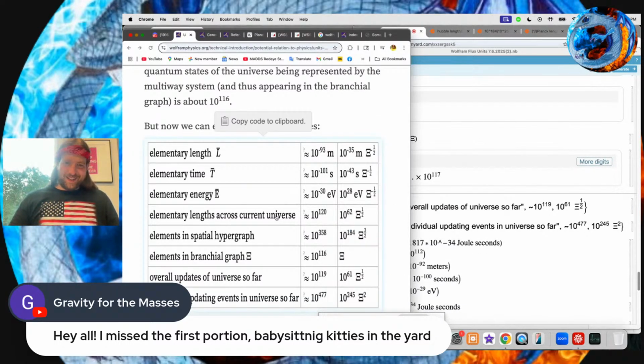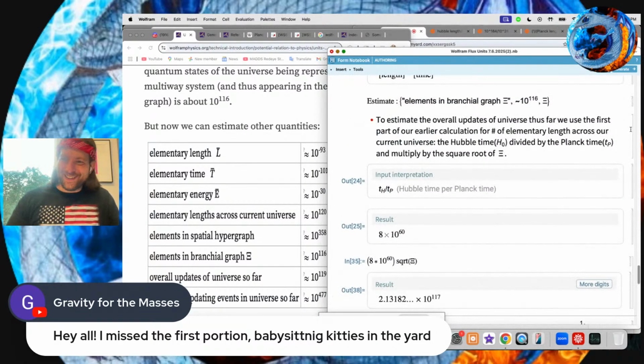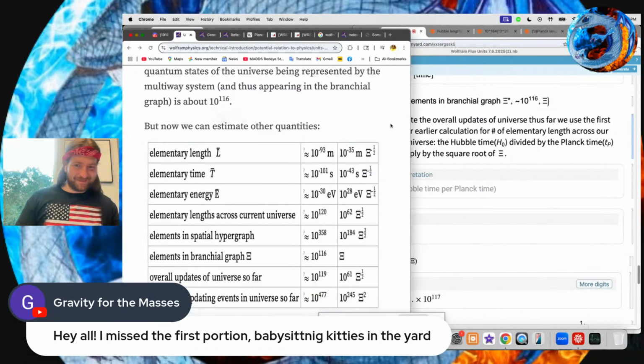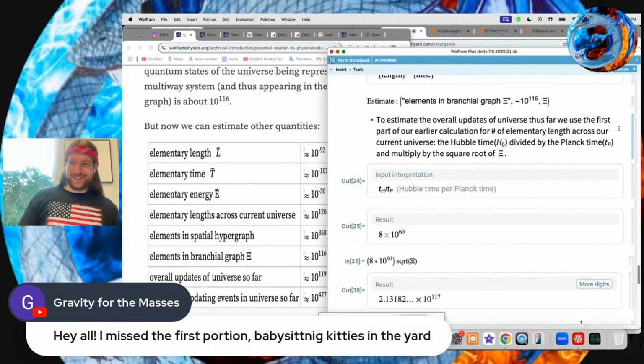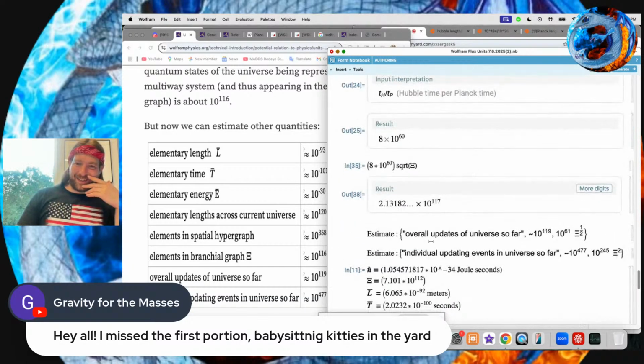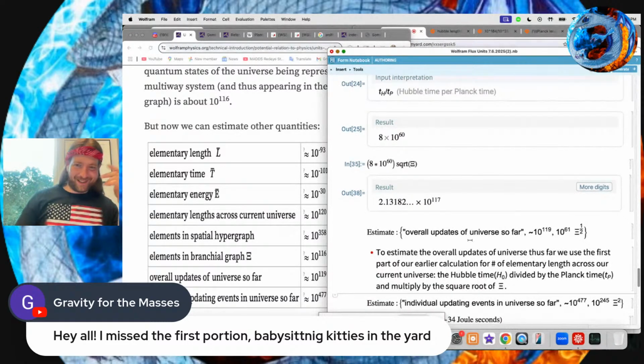The number of updating events in the universe, no idea. No idea the amount of time. I mean, I could. Yeah, it's gonna take too long. Maybe I could figure out something, or somebody can comment on how I could get that. I don't know.